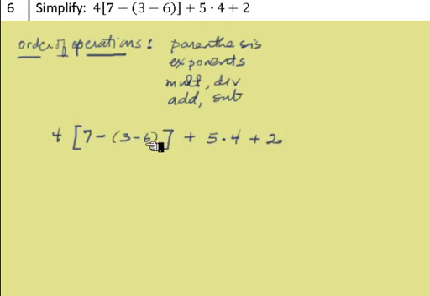So we'll start with the innermost parentheses, 3 minus 6. That's negative 3. I'm going to just write it above. And then let's do the brackets over here. So we're going to now do the operation 7 subtract minus 3. 7 minus minus 3, that turns into 7 plus 3. Okay, 7 plus 3, that's 10.